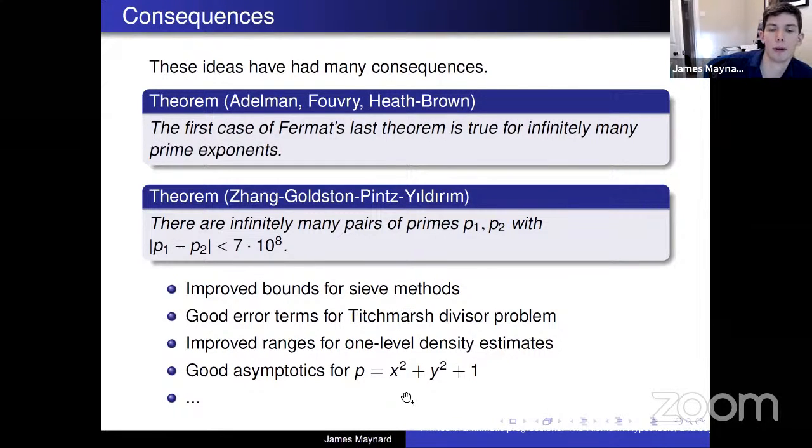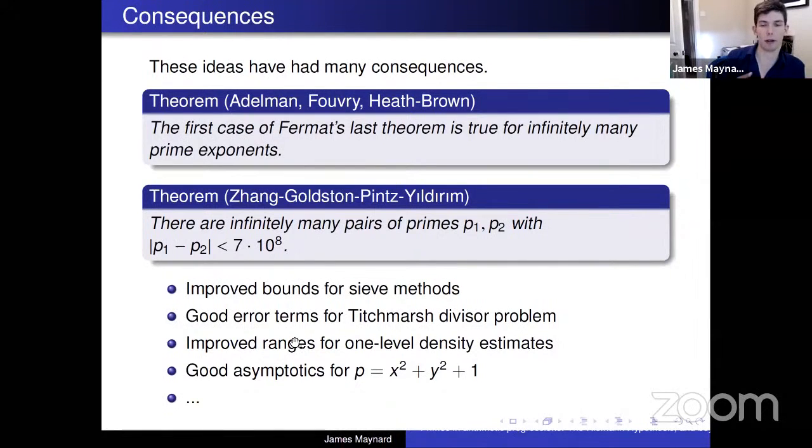So the result on primes of the form x squared plus y squared plus 1 is actually a very recent result just of this year. Similarly, by modifying these ideas, another recent result is improved ranges for so-called one-level density estimates for families of L-functions related to the Riemann zeta function.